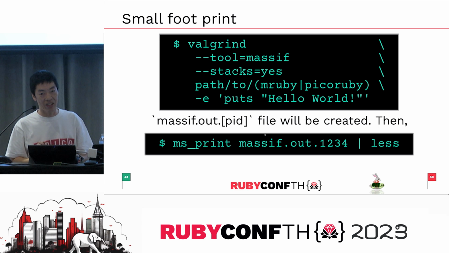Small footprint, how can we confirm it? It is valgrind. valgrind --tool=massif --stacks=yes, path to mruby or PicoRuby, -e 'puts "hello world"'. This command creates massif.out.process-ID. Then you can see it with ms_print massif.out.